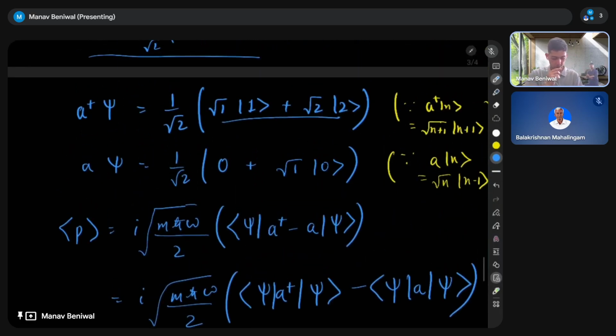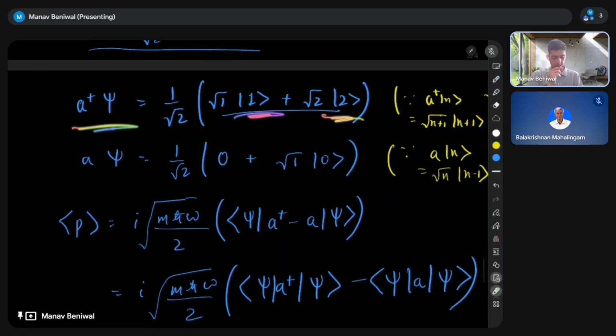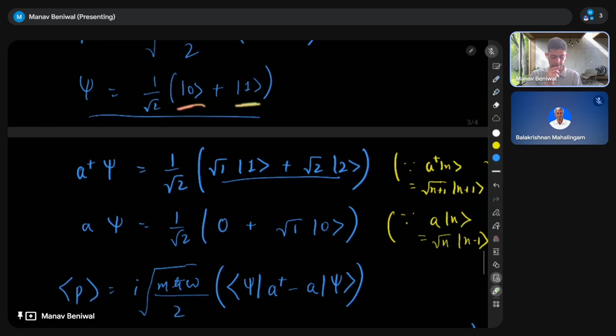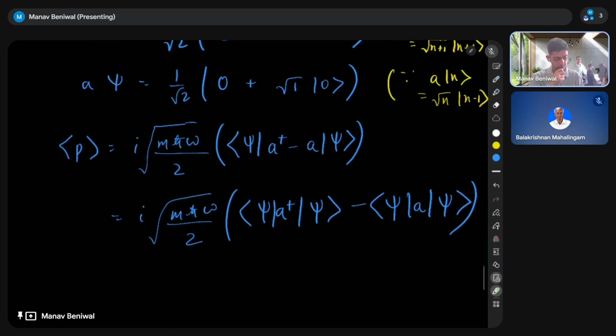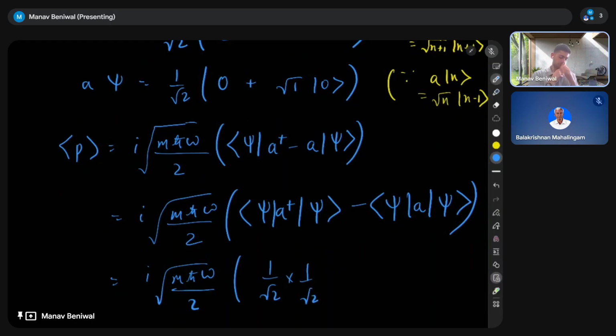So now we can see when we have this a dagger psi, we have state 1 and state 2, and for psi we have state 0 and state 1. So this state 1 and this state 1 will be the only terms corresponding to non-zero values. And this is 1 by root 2 and 1 by root 2, which are their prefactors. So this first term will give us m h cut omega by 2 times 1 by root 2, 1 by root 2, and the remaining terms will be 0.